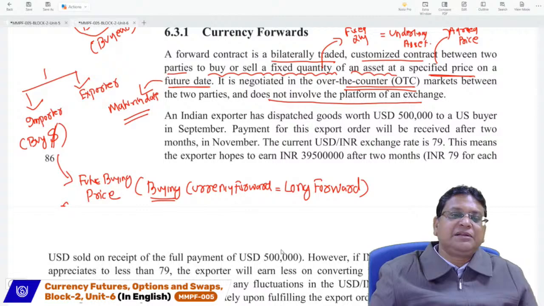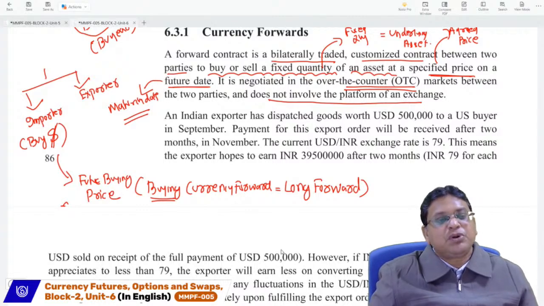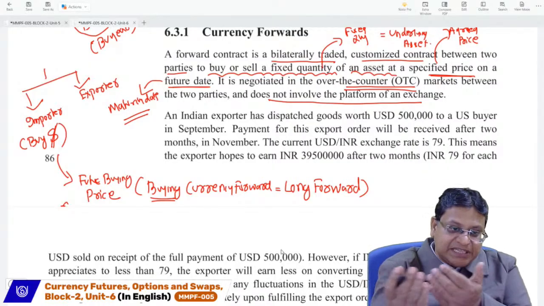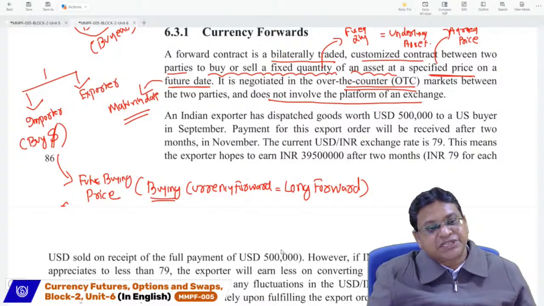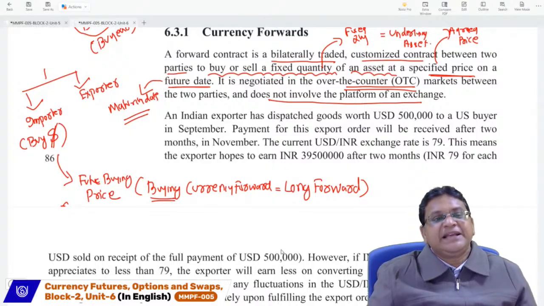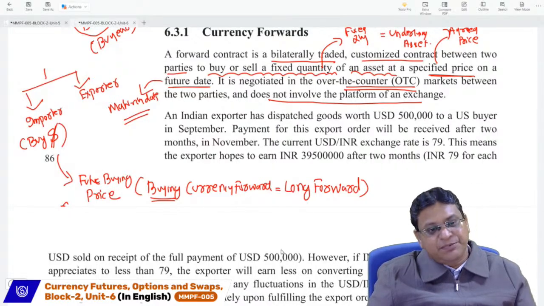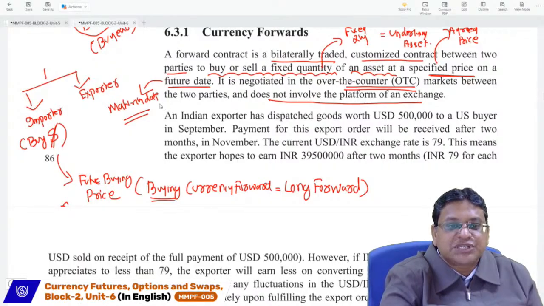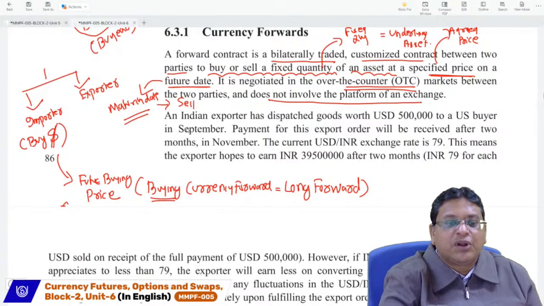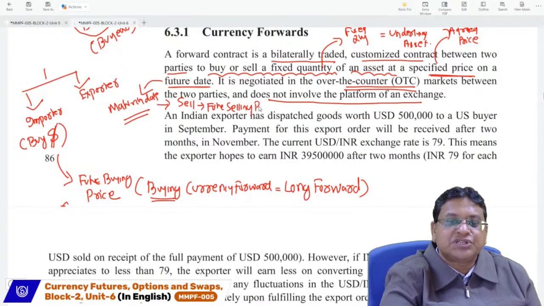Okay. And what is the position of an exporter? Exporter will sell foreign currency. Why will he sell foreign currency? He will receive foreign currency. Suppose Infosys is a company. Infosys sells its software and receives $1 lakh. The $1 lakh he will convert into rupee. He will sell dollar and receive rupee. So exporter has to sell foreign currency. So he wants to fix the future selling price. How will he fix the future selling price?